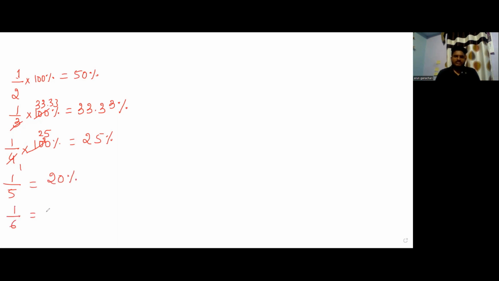1 by 6 is 16.66%. Okay, copy all these numbers and try to learn these by heart by the next class, because we'll use these directly.